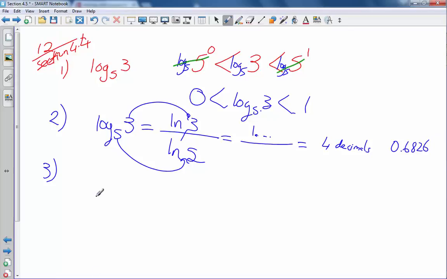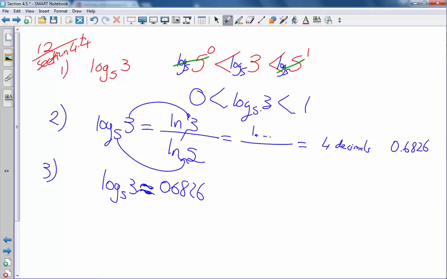So in part B, we found this one is 0.6826. Since we rounded this off, it's not exact, so we don't use an equal sign, we use the approximately sign. This means approximately.